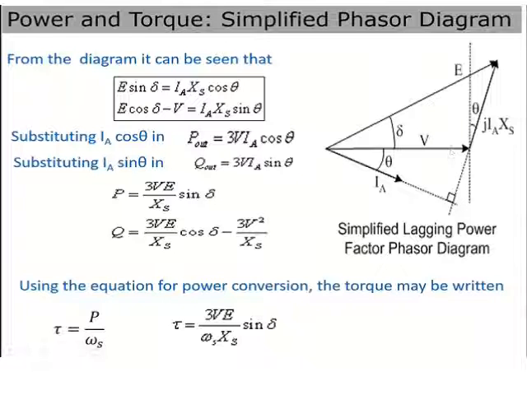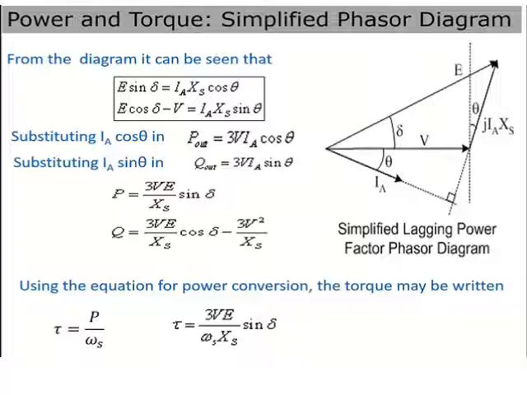So from this phasor diagram, we can see that E sin delta can also be written as Ia Xs cos theta. I am repeating, this is a very important equation. E sin delta is equal to Ia Xs cos theta.